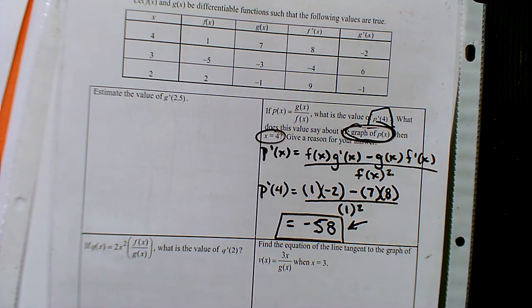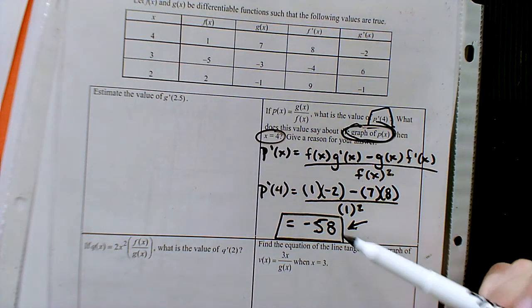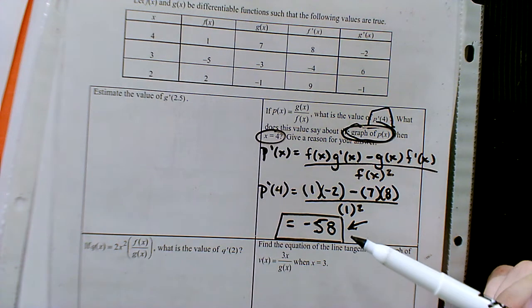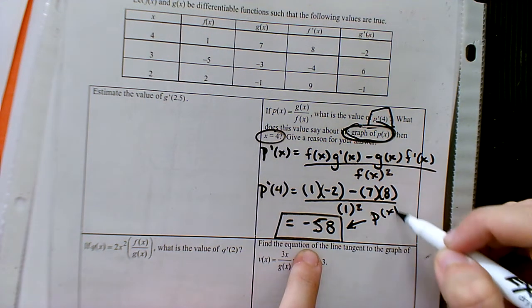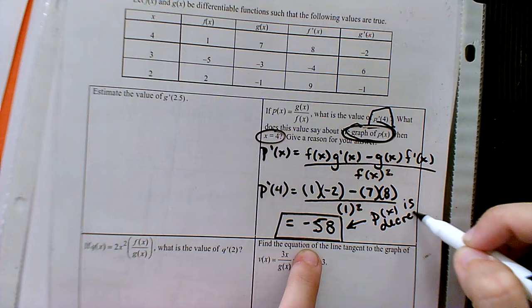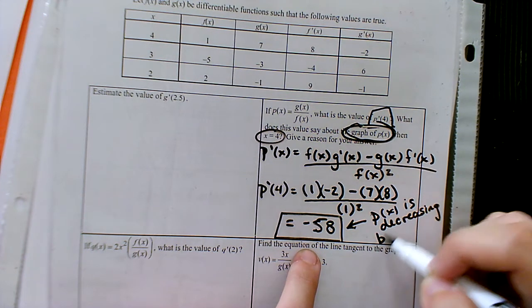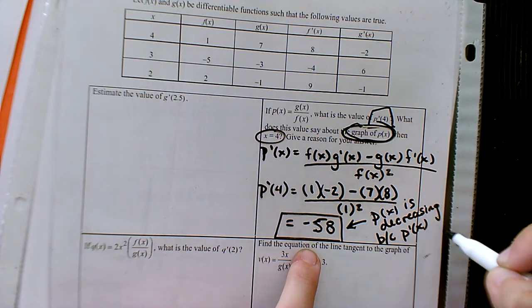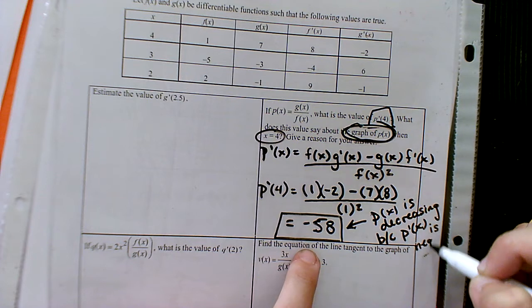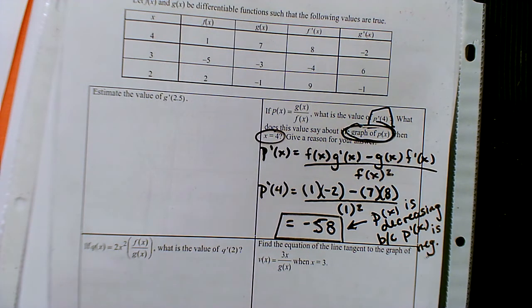If you go here and you go down 58 and over 1, your graph is decreasing, right? Isn't the derivative negative? That's our connection. Okay, so we'll say p of x is decreasing because p prime is negative. So specifically at this spot of 4, the graph is decreasing. It might be increasing at other spots, but we'd have to analyze those.